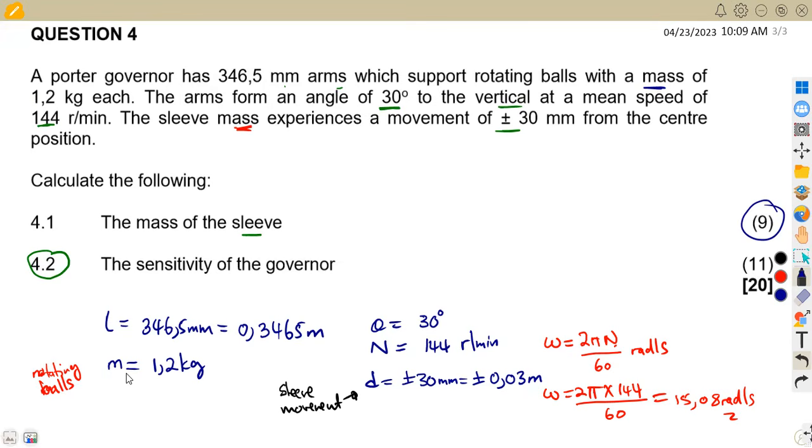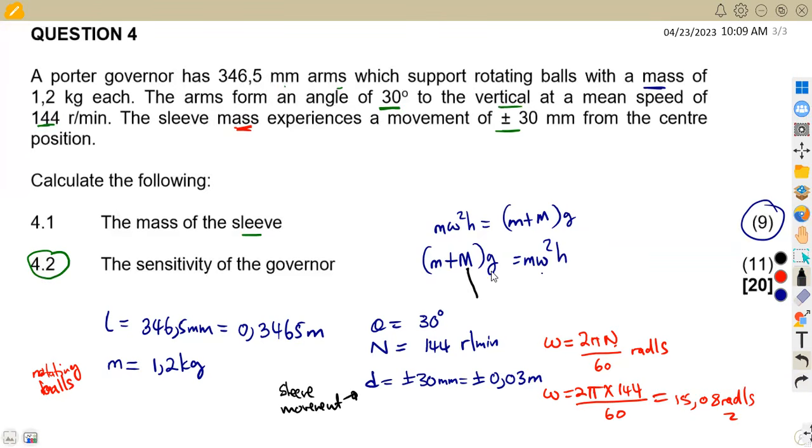Remember from our diagram and the formula that we said before, (m plus M) times g is equivalent to m omega squared h, where the small letter m is for the rotating balls, and the capital letter M is for the sleeve, which is the dead central load in kilograms.